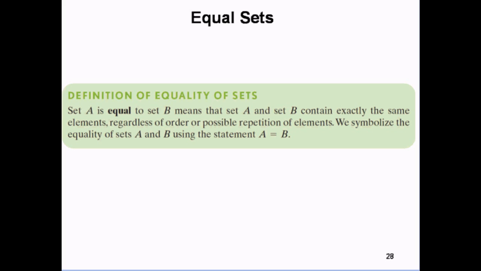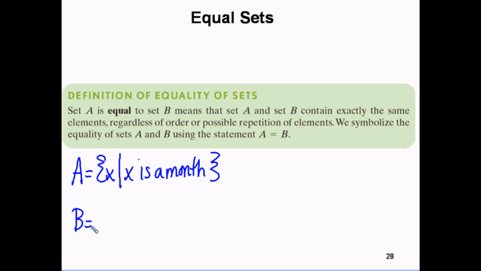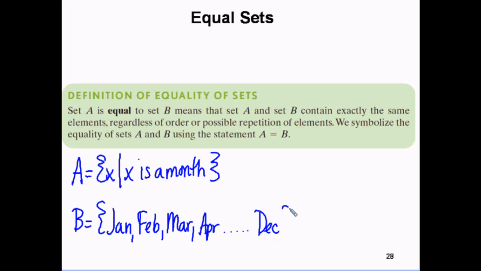Okay, so even if they're listed differently, I could say set A is the set X such that X is a month. And then I could say set B is January, February, March, April, December.